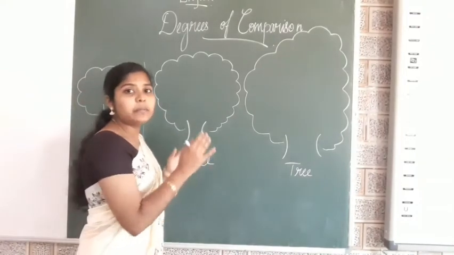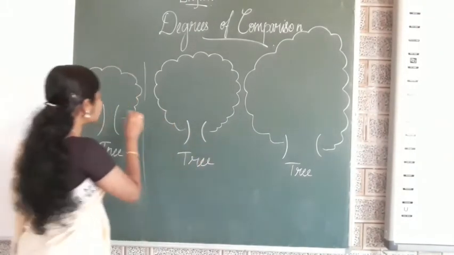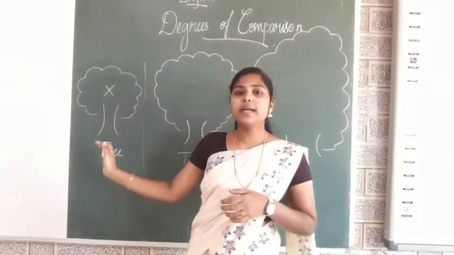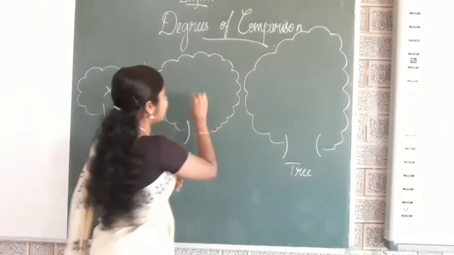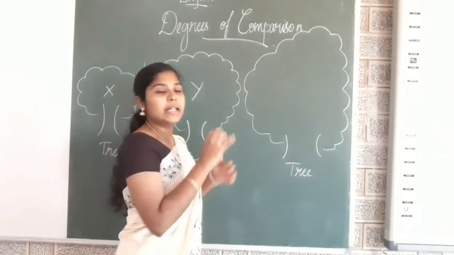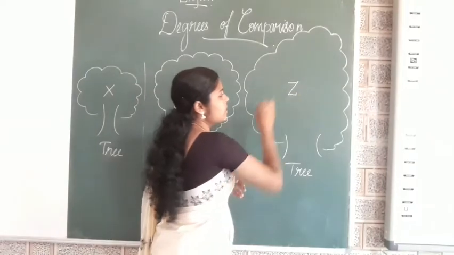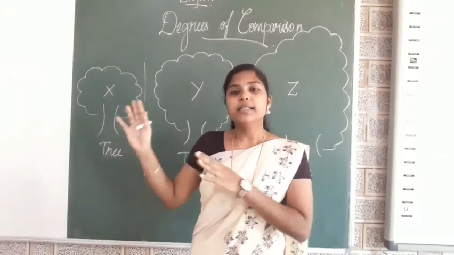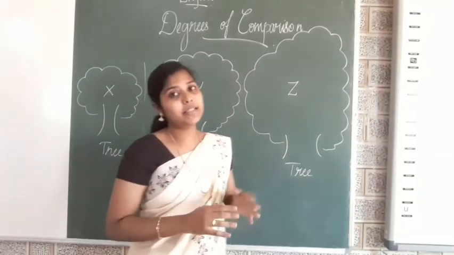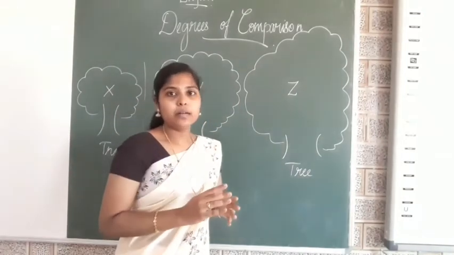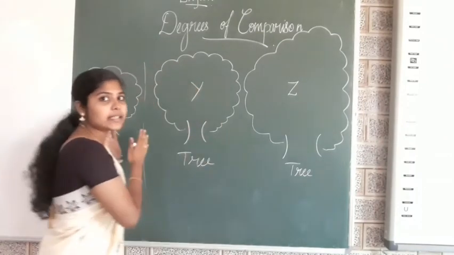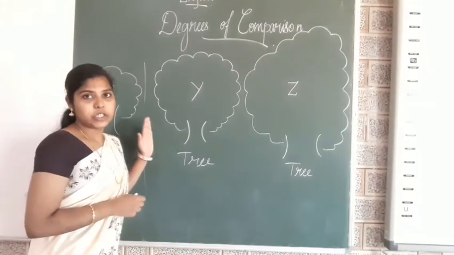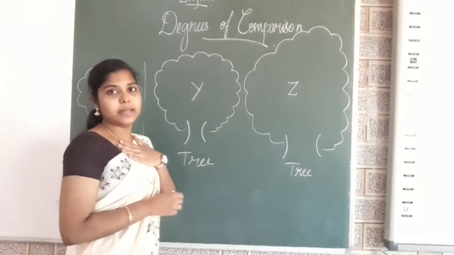Let's give names for these trees. Let's give X. The name of the first tree is X. The name of the second tree is Y. And the name of the third tree is Z. What is the name of the first tree here? X. Second tree Y and the third tree Z. Now at first I am saying X is a large tree. This is my opinion.